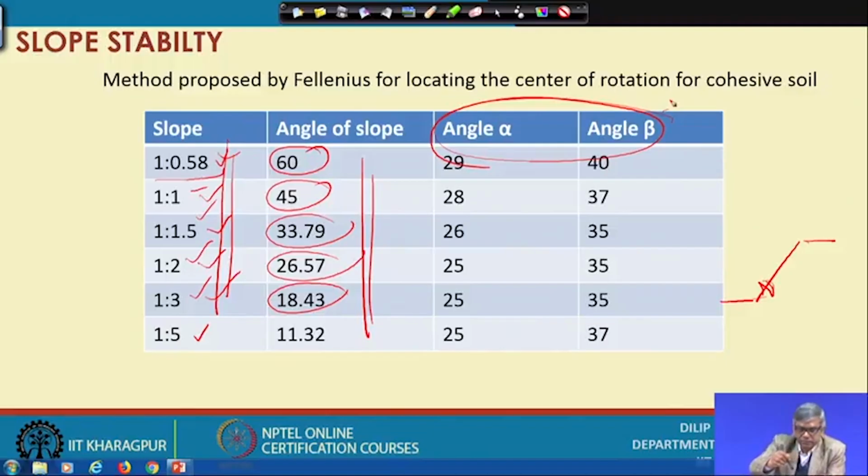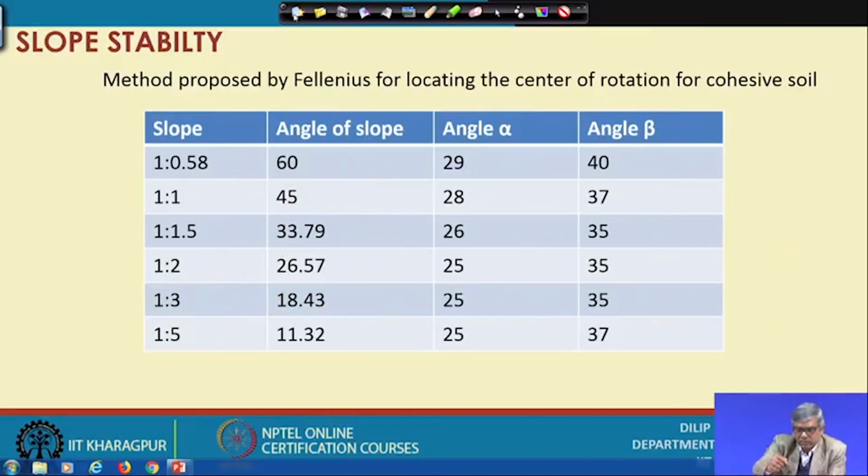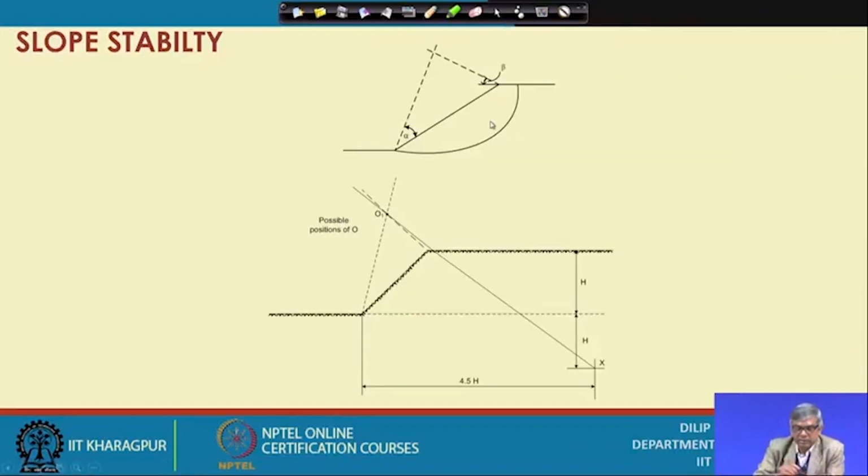Next slide we can go. This is the method. You can see this is the failure surface, this is the slope, and you can locate the toe and the end of the slope, these 2 points.